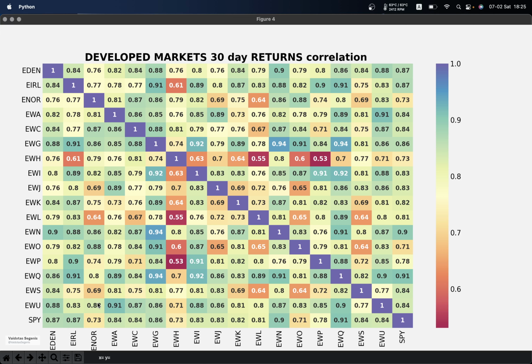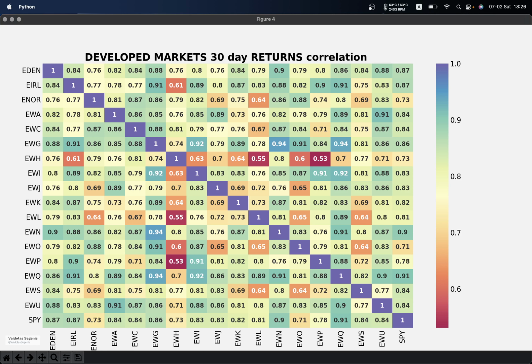Basically, when we are looking at international equities, I'm not trying to search for two international countries that are very low correlated to one another, because now we can see, for example, that EWH has quite low correlation and so on. No, I don't do that. Usually I check how they are correlated to the main index, which drives everything, which is the SPY, of course.